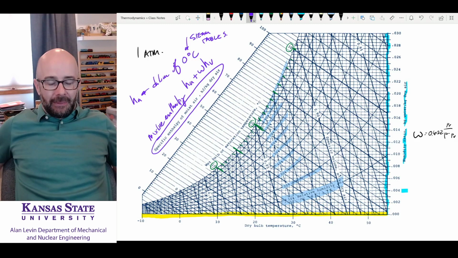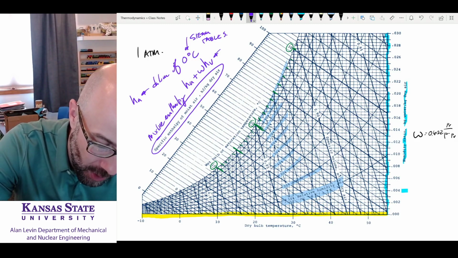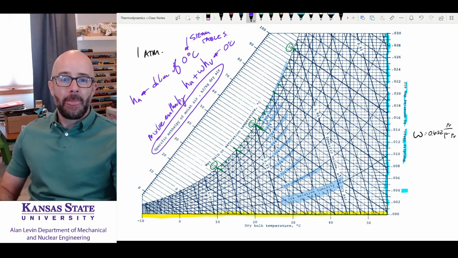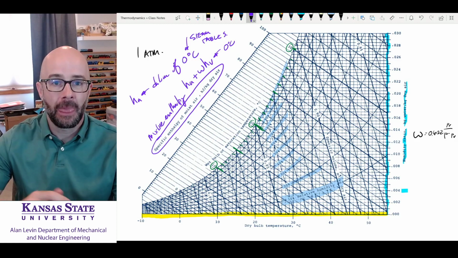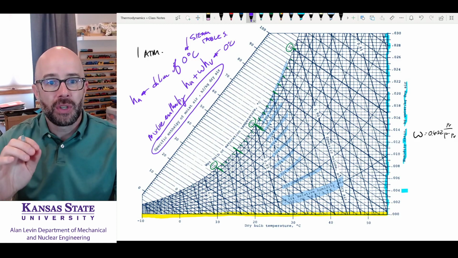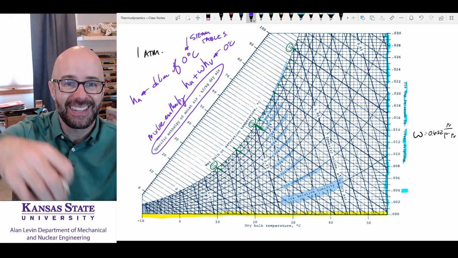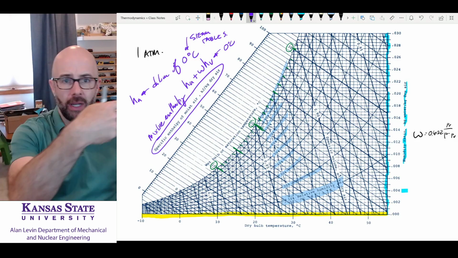What does that mean? Why do they have a datum there? Because the datum for the vapor is also at 0 degrees Celsius. We're using it this way so that if there's liquid water dropping out of it, we can use the steam tables.